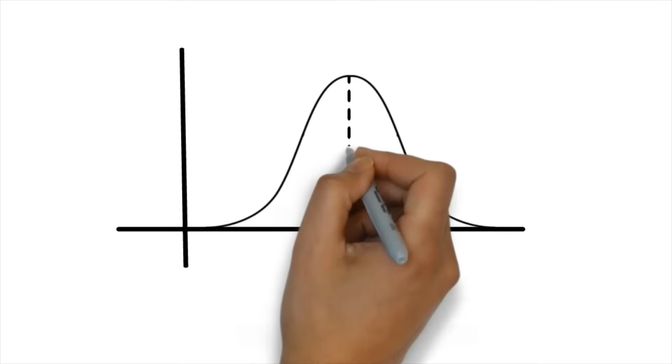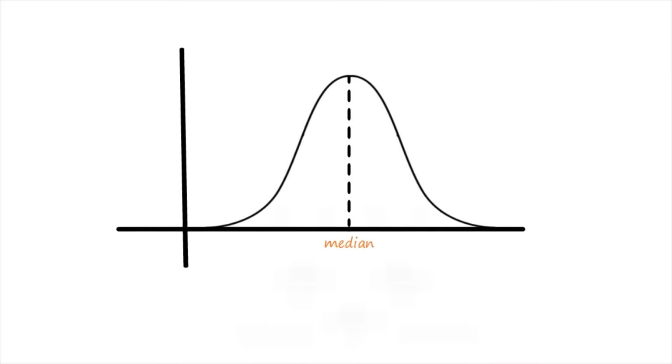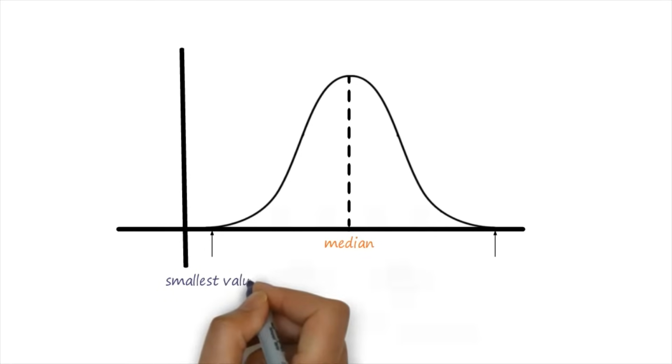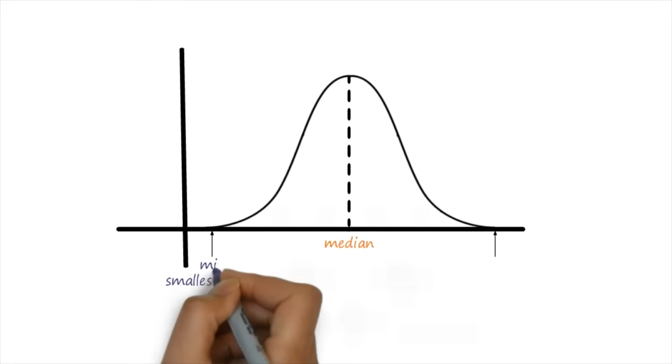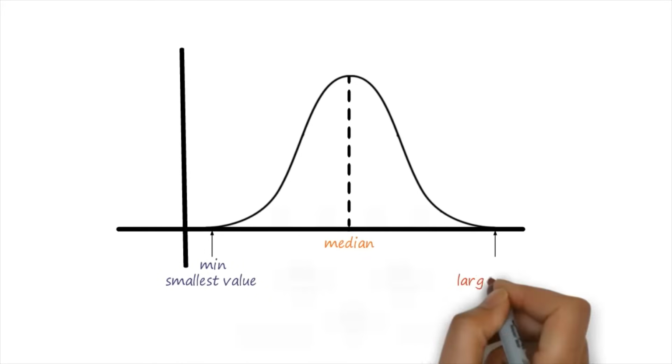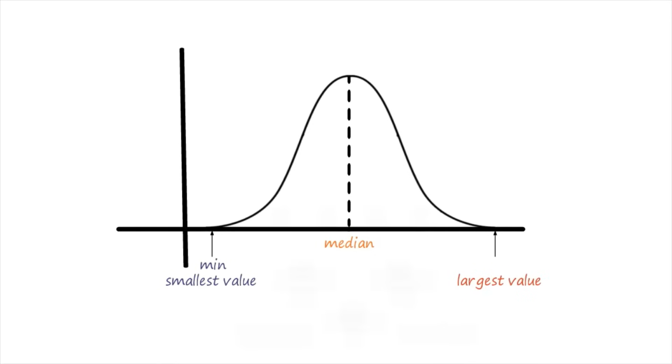See, if this is the median, now you can say that this is the smallest value, if this graph ends over here. And here we will get the highest value. So this is the smallest value, or you can say it is the minimum value, and this is the largest value, or you can say that it is the maximum value.